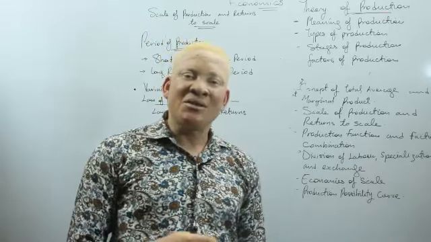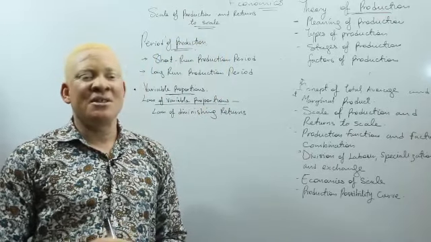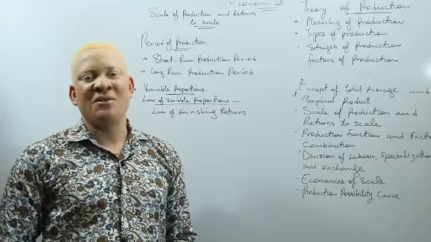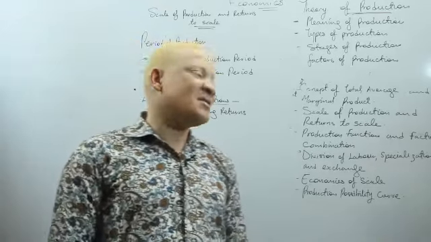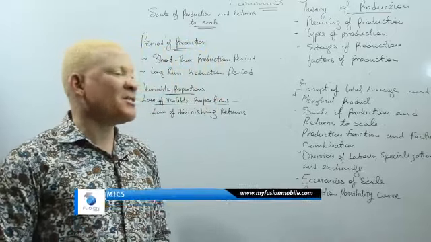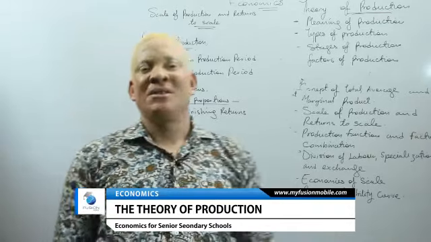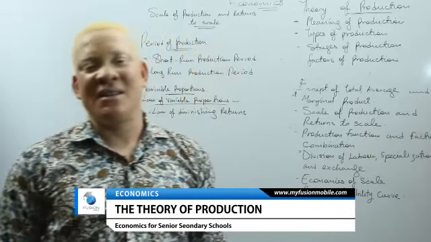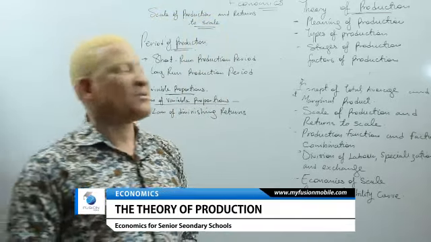That means it just tells us the manner or the rule or the way the diminishing returns will set in before it gets to diminishing total returns. First of all, the first product that will reduce is the marginal product. It will start falling. The one that will follow is the average product, and finally the total product.